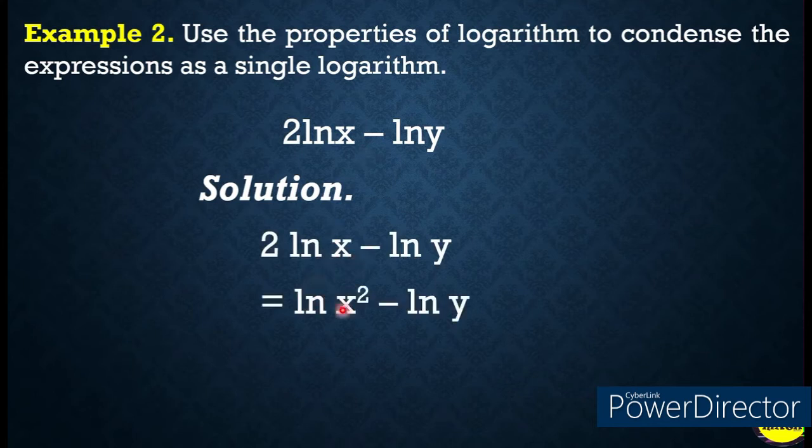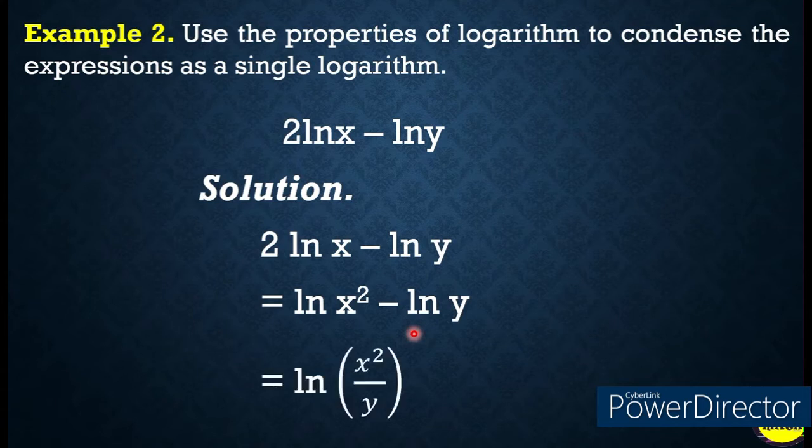So, ln x squared, kasi nandito yung 2 sa unahan ng logarithm natin. So, lipat natin dito kay x. So, magiging exponent na yan. So, ln x squared minus ln y. And after that, since difference to, ano ang gagawin? Okay, i-divide natin. So, that is ln of x squared over y. So, this is the final answer.